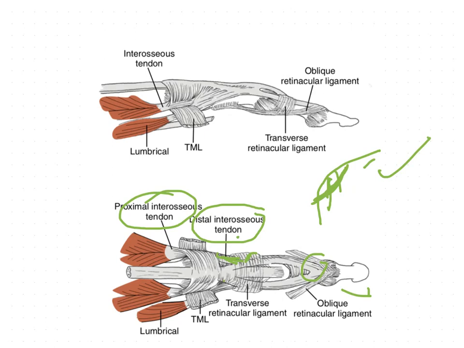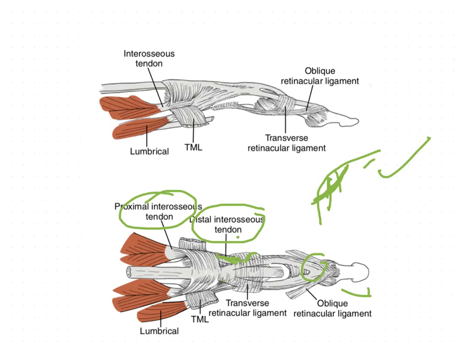Okay, next, the index and little fingers. We have seen the attachments. The index and little fingers each have only one interossei muscle with a distal wing tendon, that is the first volar interossei and the fourth volar interossei. The first dorsal interosseous and the abductor digiti minimi have proximal wing tendons only.